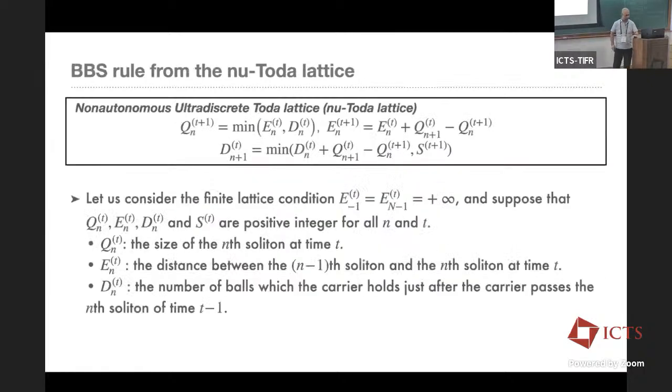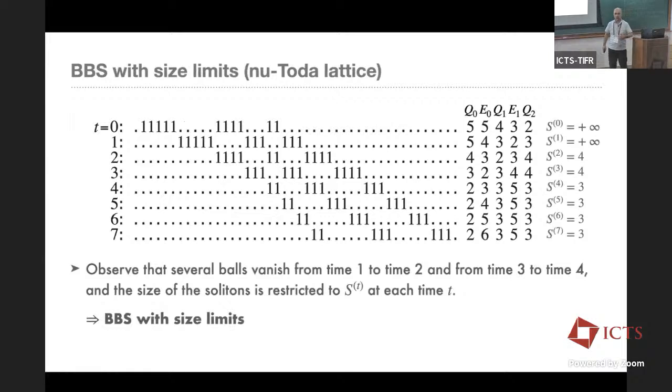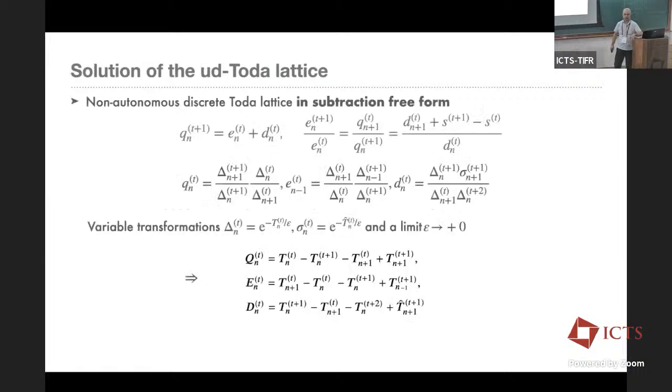Anyway, already we know about the role of S of t in our non-autonomous ultra-discrete Toda case. So also we can obtain the corresponding exact solution for ultra-discrete non-autonomous Toda.